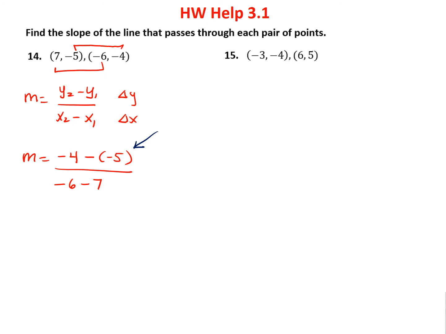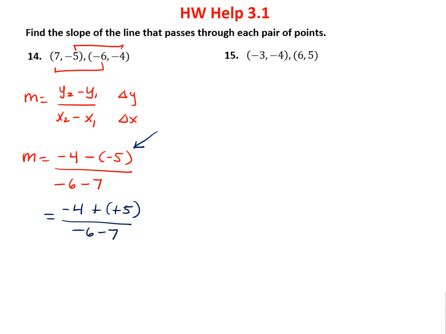They forget that when you subtract a negative, subtraction is the same as adding the opposite. So I can rewrite this as minus 4 plus, and what's the opposite of minus 5? Plus 5. And so I end up with this as my answer.